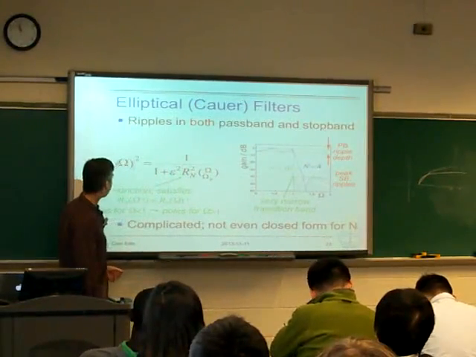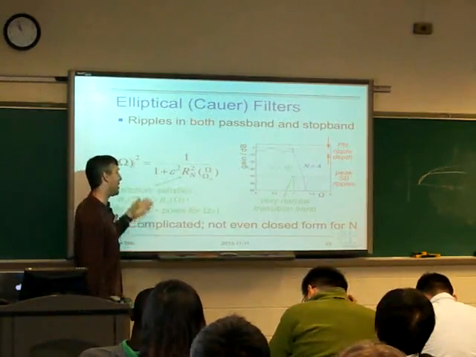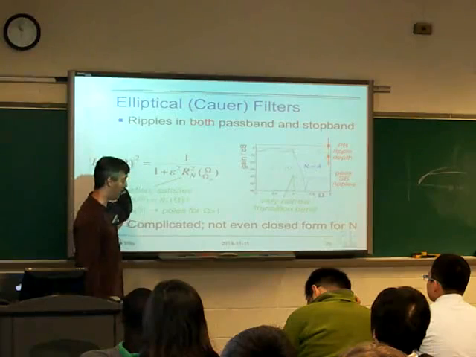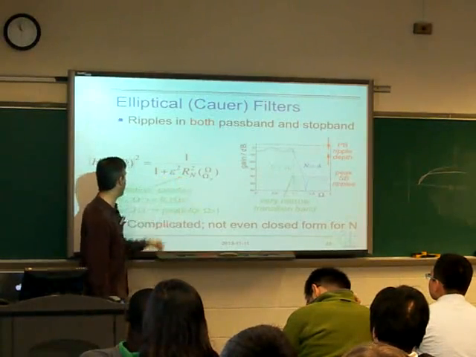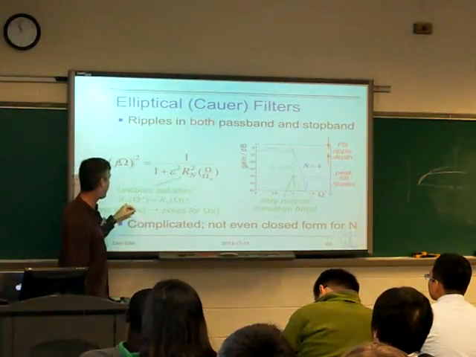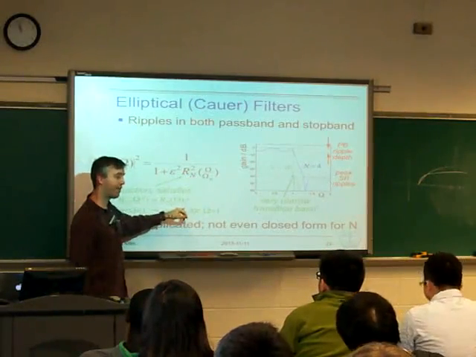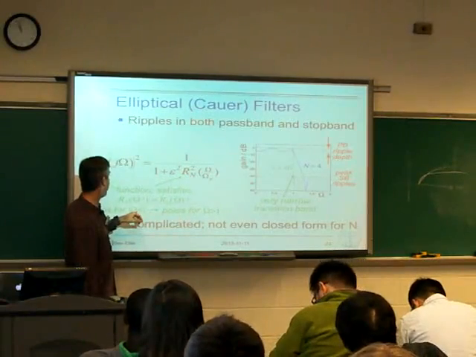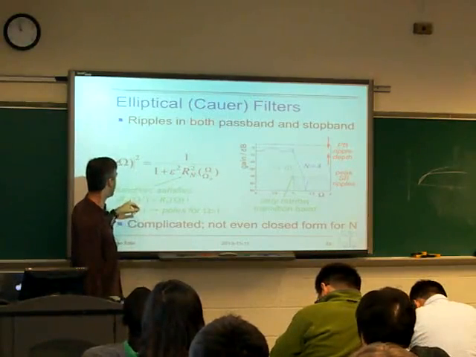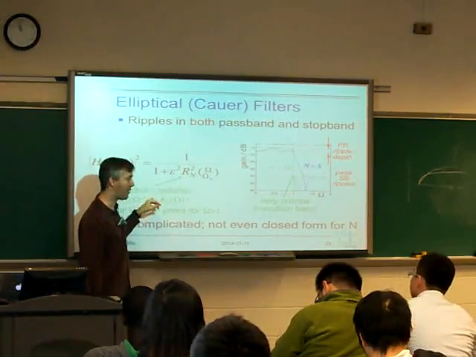Everything else is balanced, so these ripples are of equal depth, and we can get these very high-performance filters. There is an expression for the magnitude squared response, which again is 1 over 1 plus epsilon squared something. But this function is not particularly nicely behaved. It does have the property that the function of the reciprocal is the reciprocal of the function. That means that if we have values for which this function is 0, then it's going to be infinite at the reciprocals of those points.